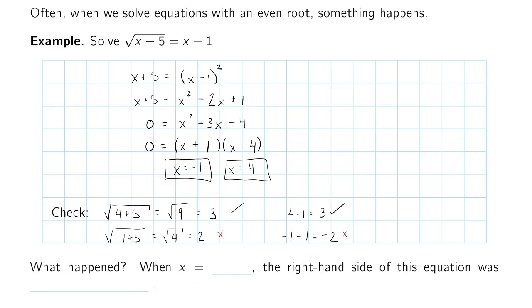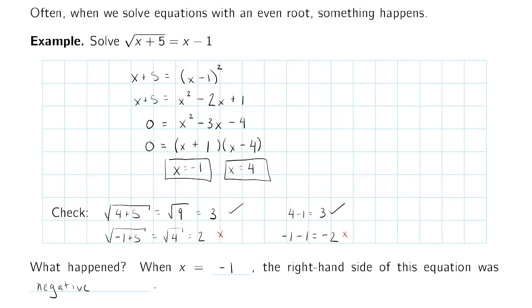When x is negative 1, the right-hand side of this equation was negative. When we squared both sides, when we rewrote in terms of the power function, that erased the negative sign on the right-hand side. So we got a solution to the polynomial equation that was not actually a solution to the original radical equation.